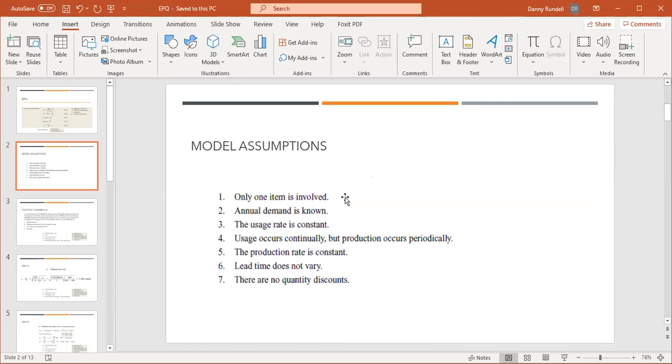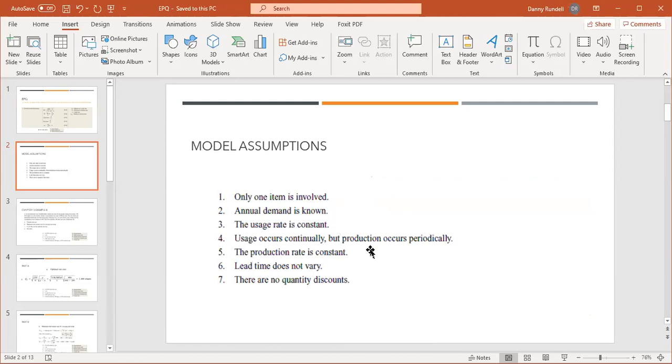So here are some of the assumptions about EPQ, just some of the things that need to be in place in order for that model to work properly. So only one item is involved in the production. The annual demand is known, or you can figure it out based on what's being given. The usage rate is constant, so every time it's being used, the amount is the same.